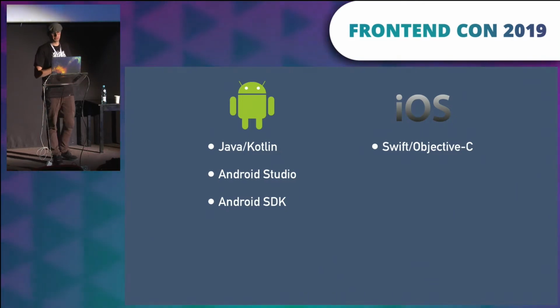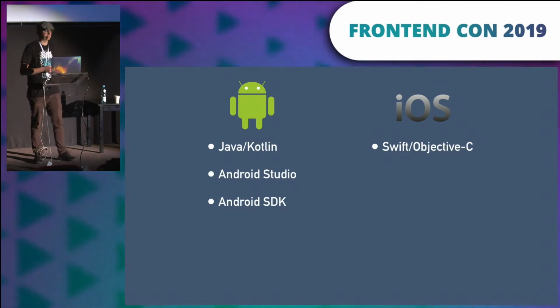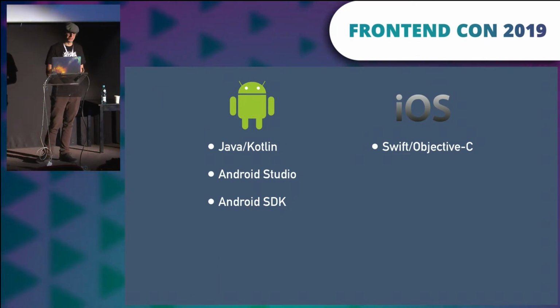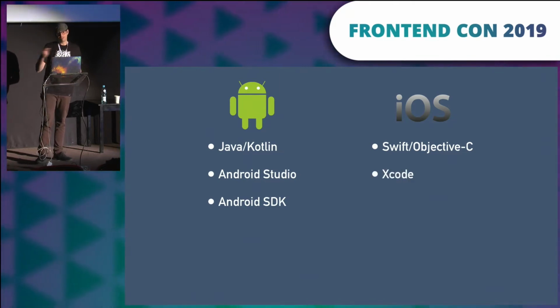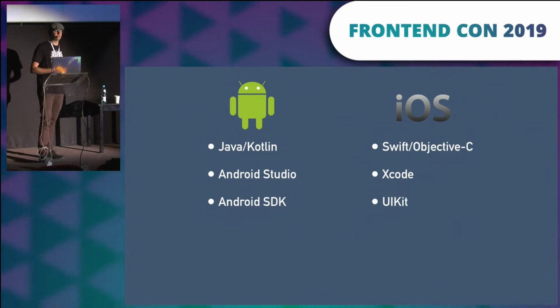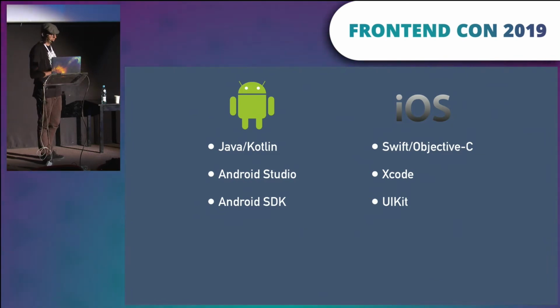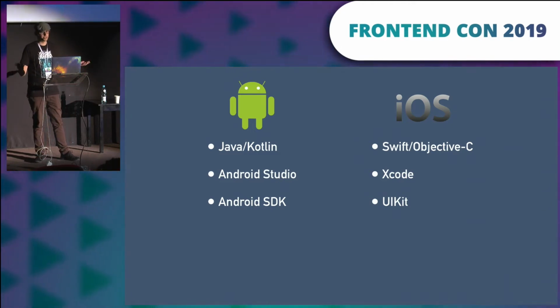I used it once for one project. I finished the project, but I cannot say I know Objective-C. It's too weird. So you have to install Xcode, and you have to learn the UI kit. So a lot of things to learn about, and you have to basically have two separate projects.